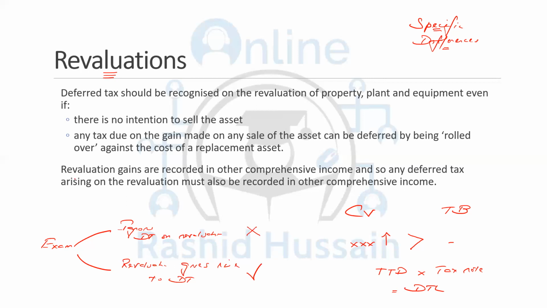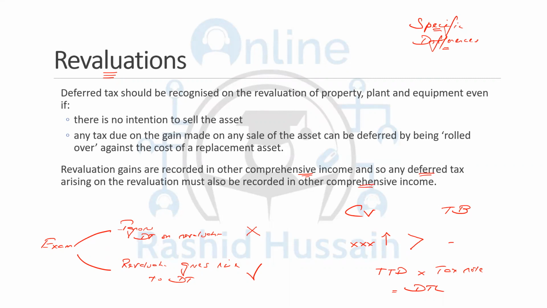The important thing is that when we do the revaluation, the gains are recorded in the other comprehensive income because we are talking about the upward revaluation right now. So revaluation gains are recorded in the other comprehensive income. So any deferred tax consequence related to that should also be recorded in the other comprehensive income.